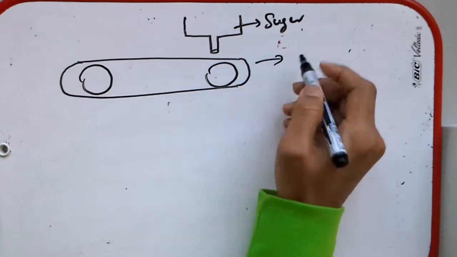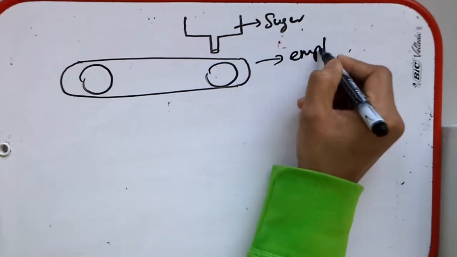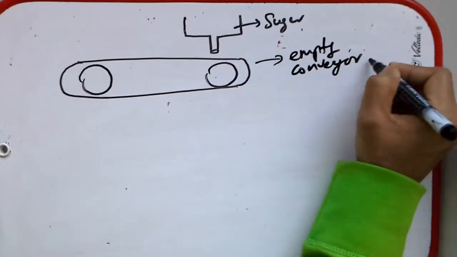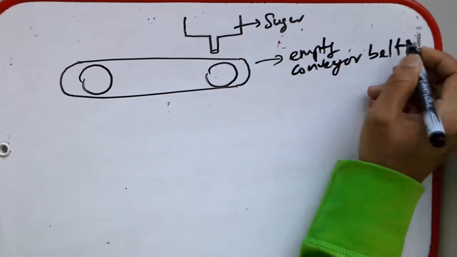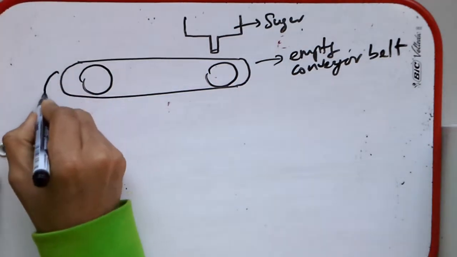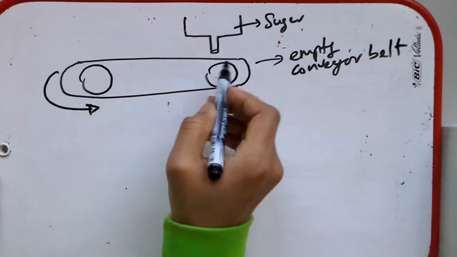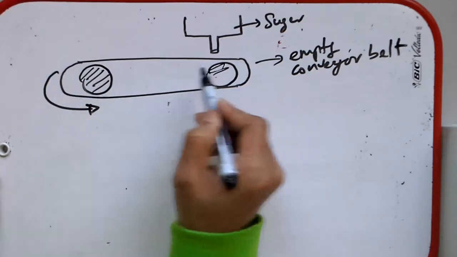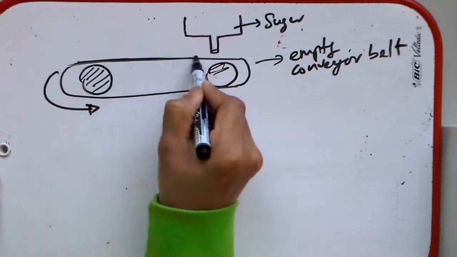So this is our empty conveyor belt. I hope you can read my handwriting. So this belt is moving. Okay, so this is our belt.